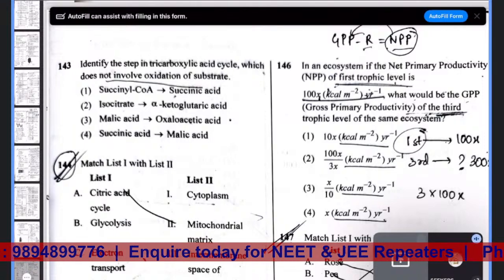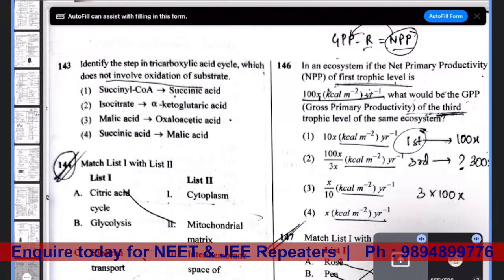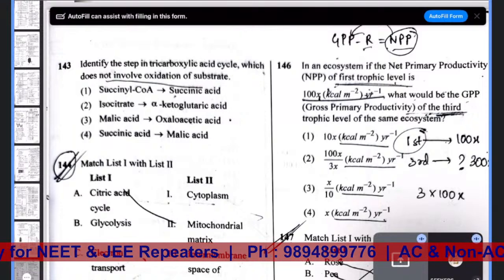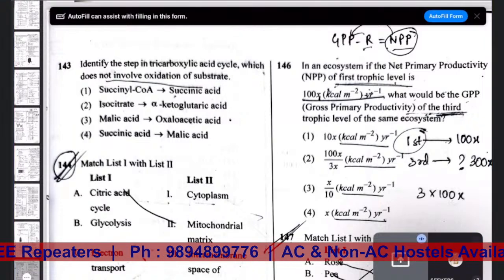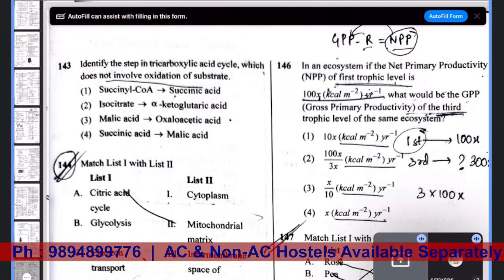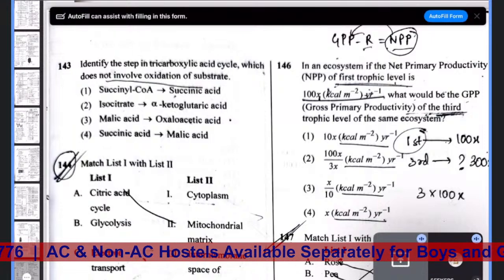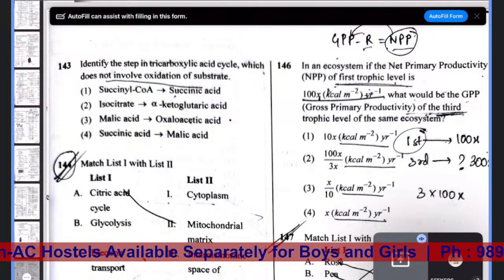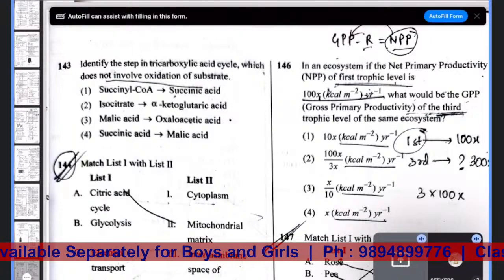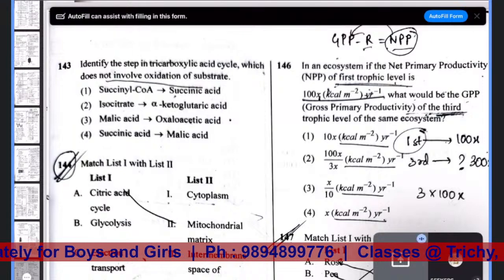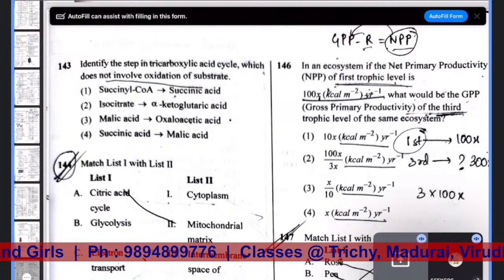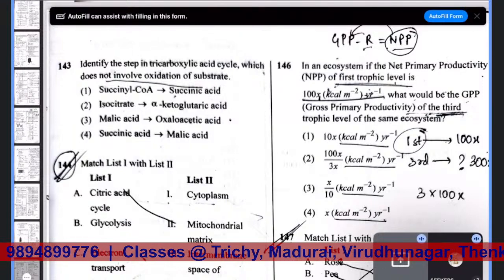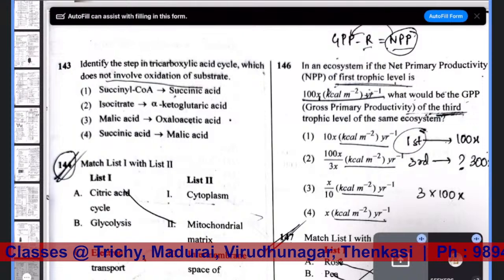The first step, isocitric acid to alpha ketoglutaric acid. It is there. So option 2 can be eliminated. Second time, alpha ketoglutaric acid to succinyl-CoA. That is not given here. The third time, succinate to fumarate, that is succinic acid to fumaric acid, where one FADH2 will be synthesized. That is given as succinic acid to malic acid here.